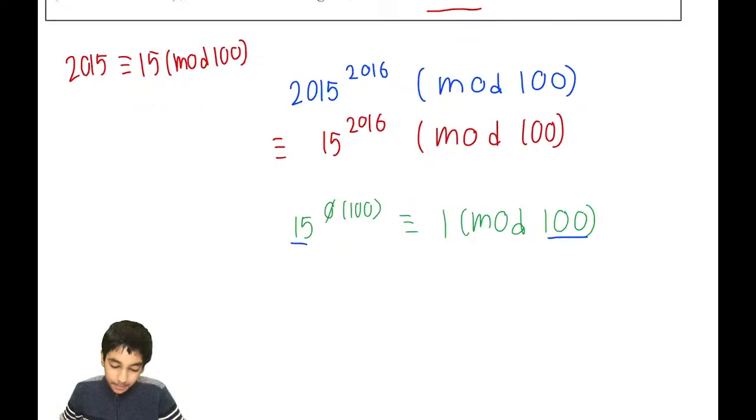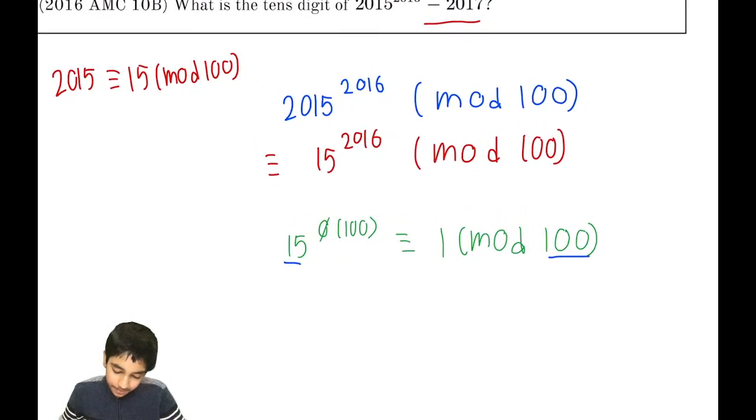Remember, whenever you use Euler's theorem, the GCD of 15 and 100 has to be 1. But in this case, it's not true. So this is false, and this method actually doesn't work.